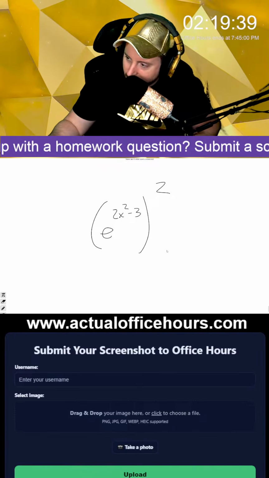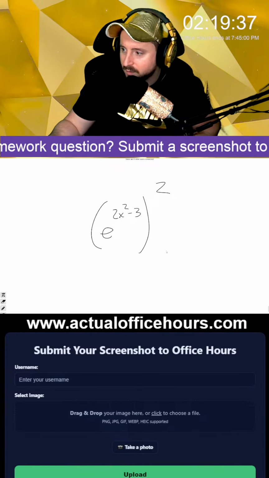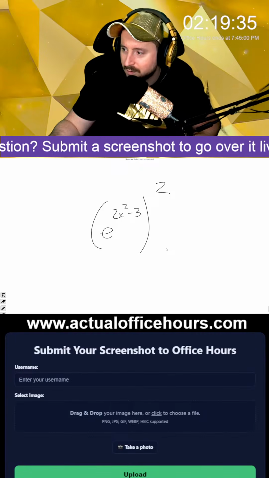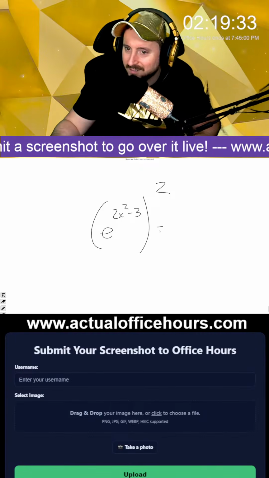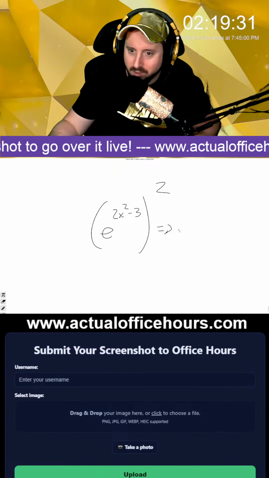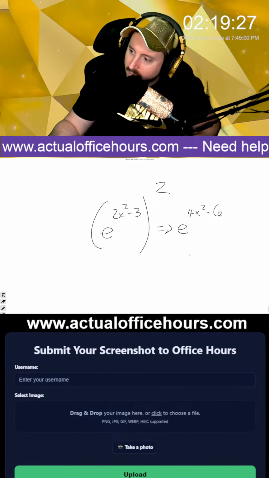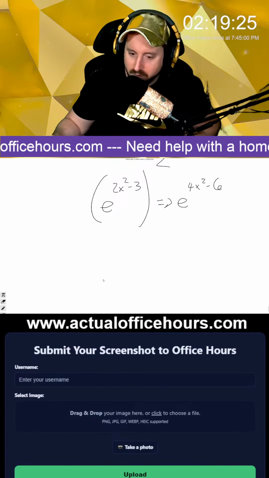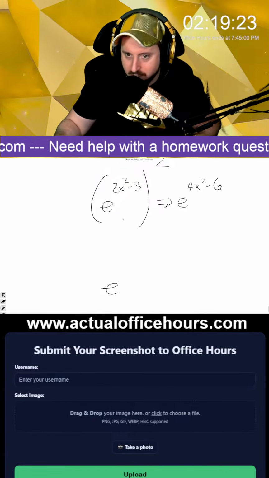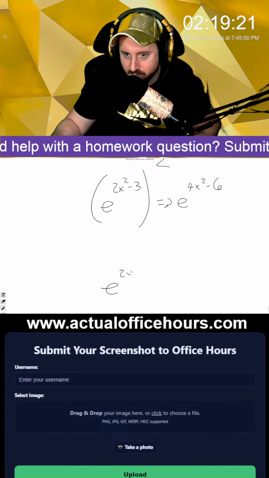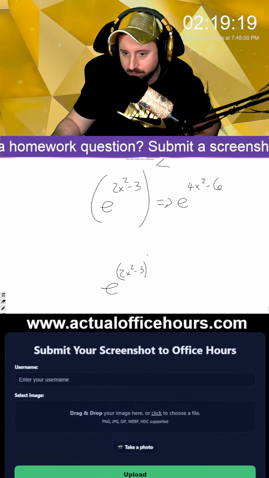Like this? Okay. So I saw this thing where you don't actually square the thing, you multiply by 2. I don't know what that means. This would be e to the 4x squared minus 6. Why? Because there's a difference between e to the 2x minus 3, all that squared, and this. This is different.